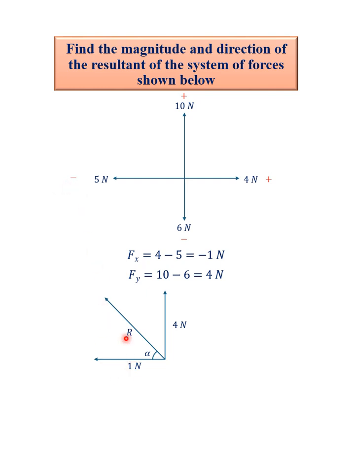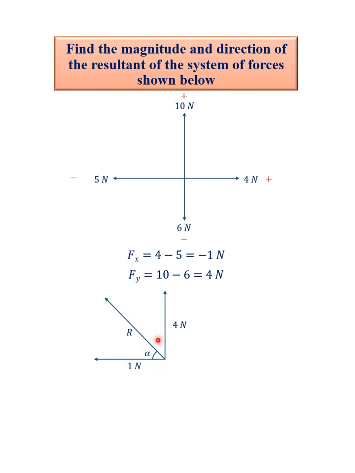We have to find the resultant R, and if you look at this, you can close up one side of this image to form a triangle. You could close this side to form a triangle, and it becomes a right angle triangle, which means R is the hypotenuse of the right angle triangle.